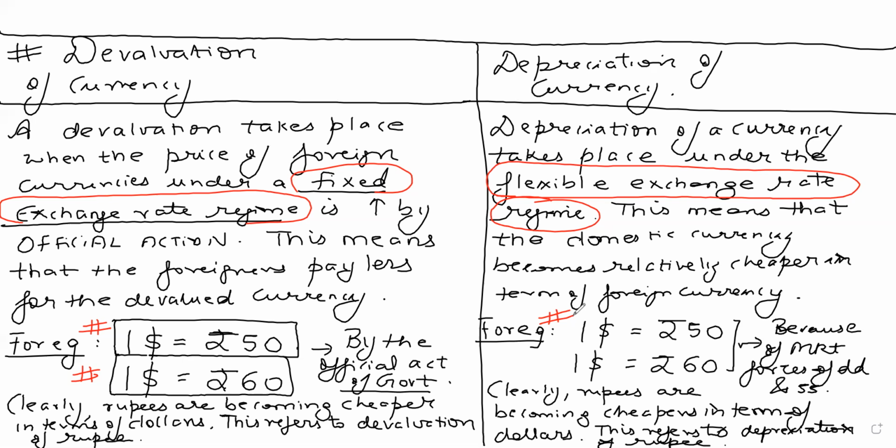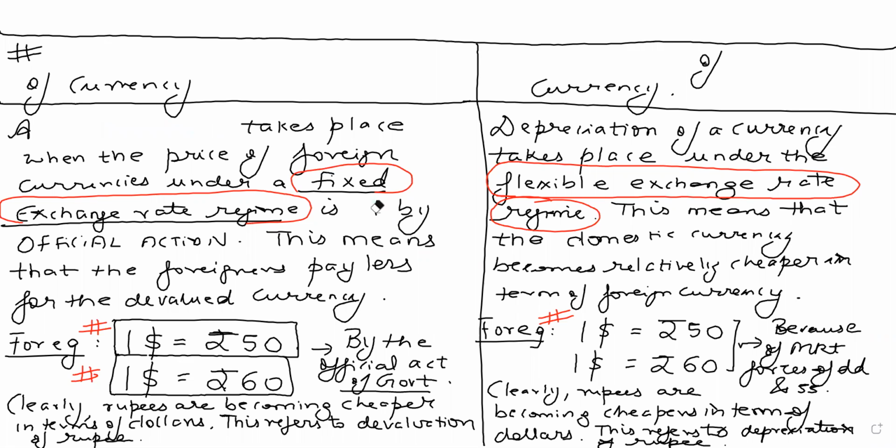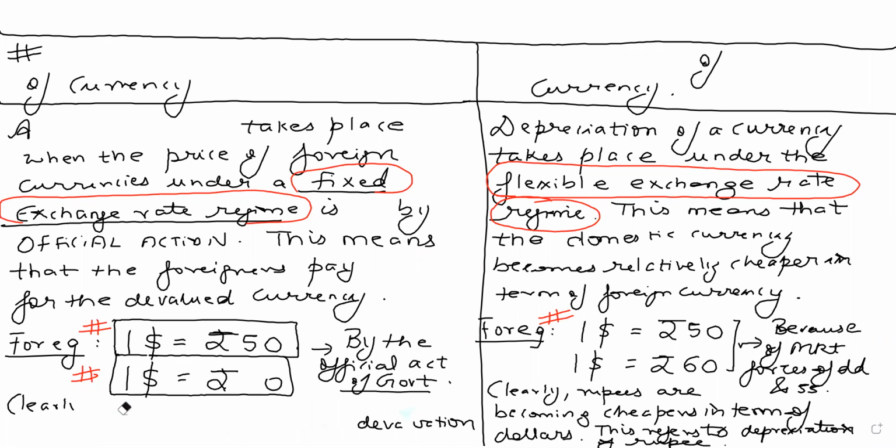And guys, exactly the opposite will happen in the case of revaluation and appreciation. So I am now going to erase only the relevant parts. Okay. So if I just slightly change my analysis, we can talk about the reverse part.